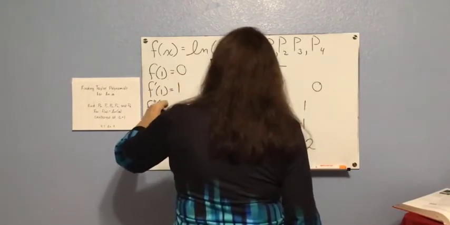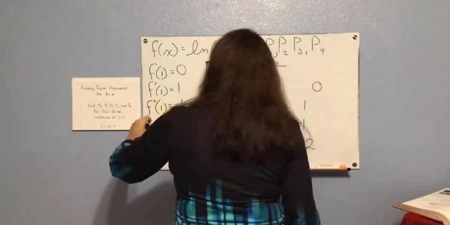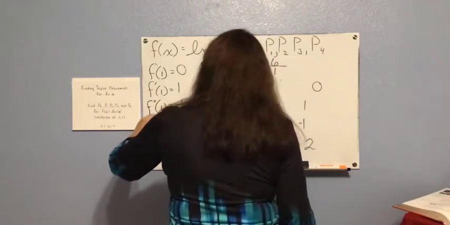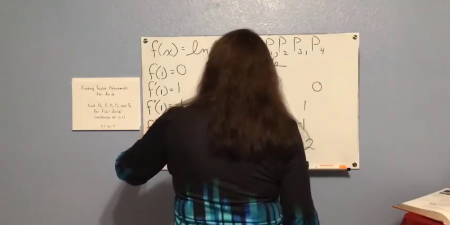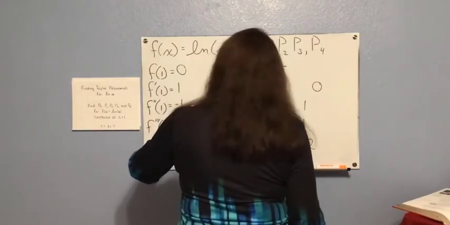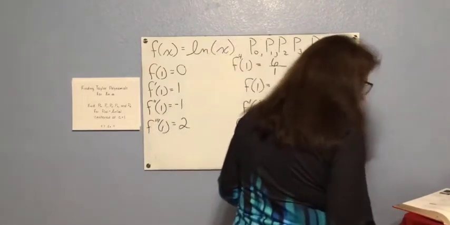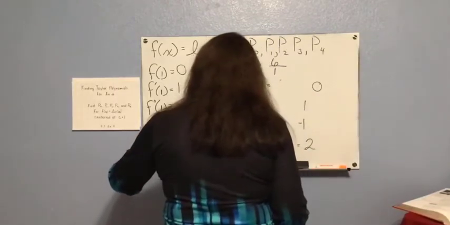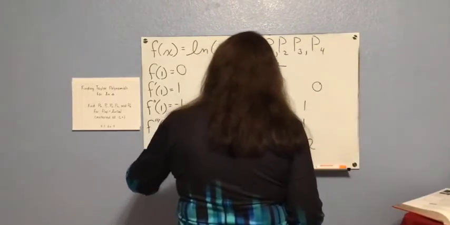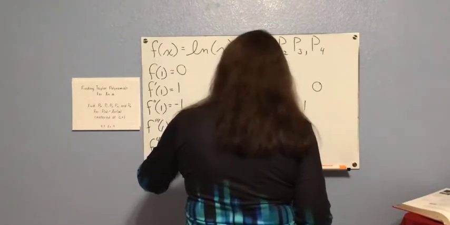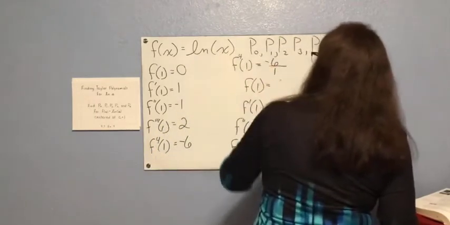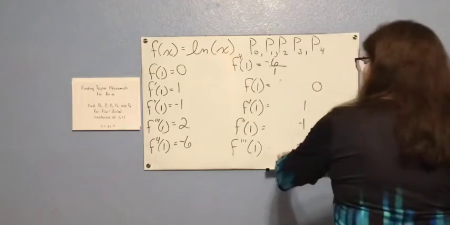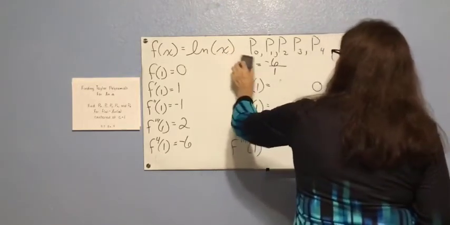Second derivative is negative 1. Third derivative is 2. And then the fourth derivative is negative 6. This should have been negative. Okay, so I've got all that information that I need.